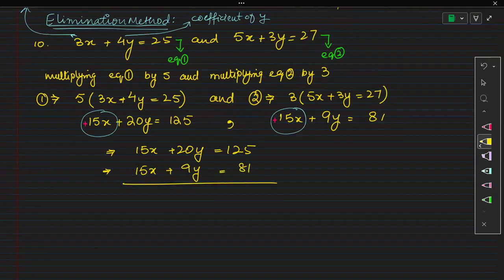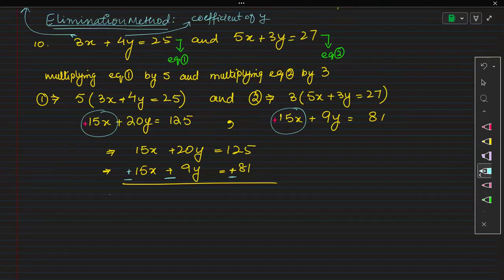When I'm going to subtract, make sure you always change the sign. If it is positive, you have to make it negative. Whenever you subtract, the sign of each number has to be changed. If it is positive, it should become negative.